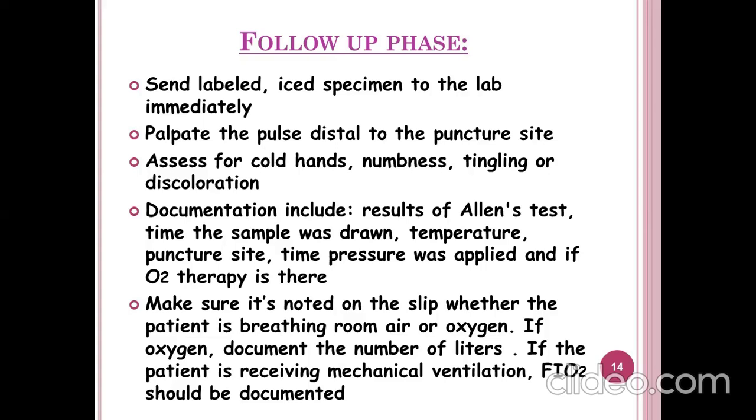If the patient is taking oxygen, document how many liters. If the patient is receiving mechanical ventilation, FiO2 should be documented. So you have to mention it in the record file.